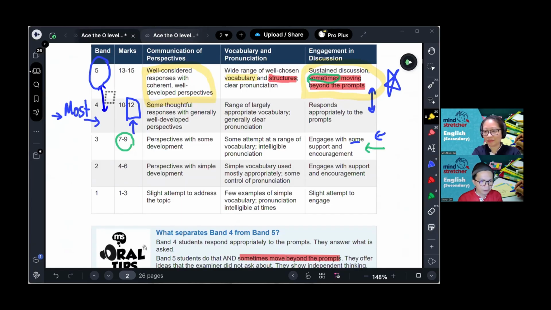Because in your conclusion, the last impression that you give to the examiner is that I answered the question. Okay, the examiner says, well done. You answered the question. Because that's what you did. You answered the question, but what you didn't do was that you didn't move beyond the prompt. Do you see?